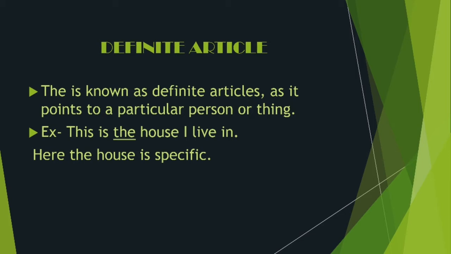This is the house. कौन सा house? That particular house in which I live. So particular चीज़ों के साथ we have used the. Okay, because यहाँ पे किसी general house की बात नहीं हो रही है, उसी house की बात हो रही है जिसमें आप रहते हो. So here the house is specific. उसी particular house की बात हो रही है. That's why you have used the, not a or an.